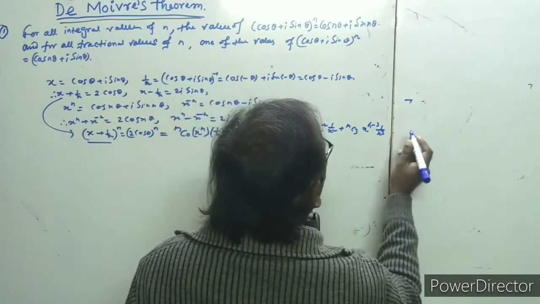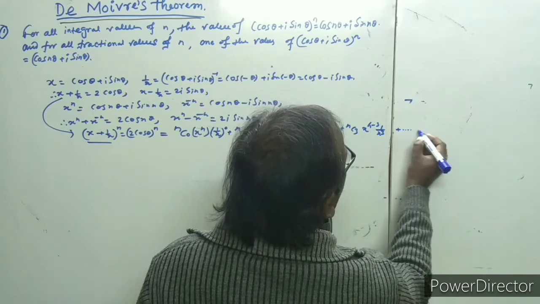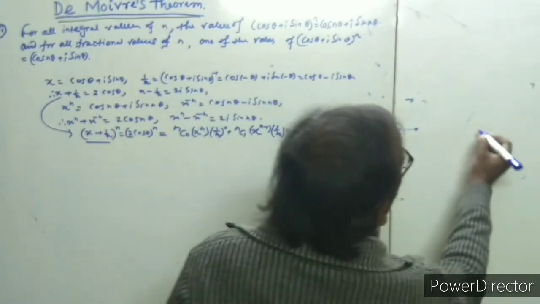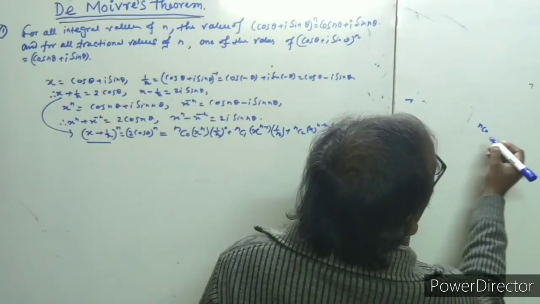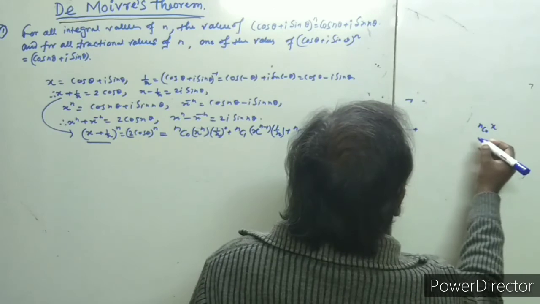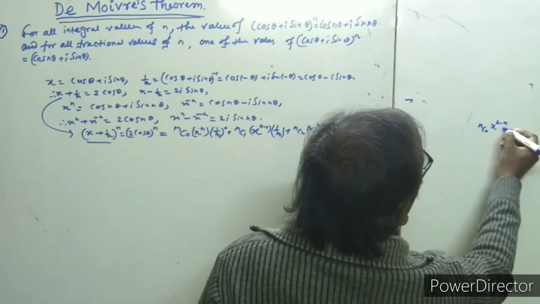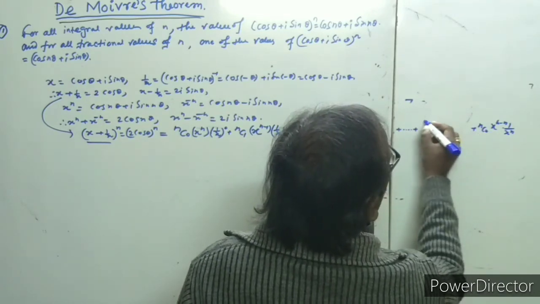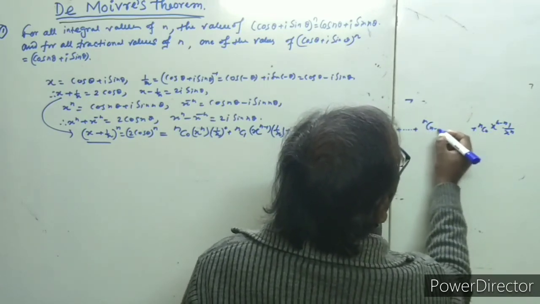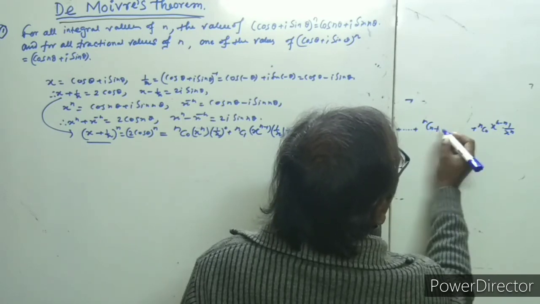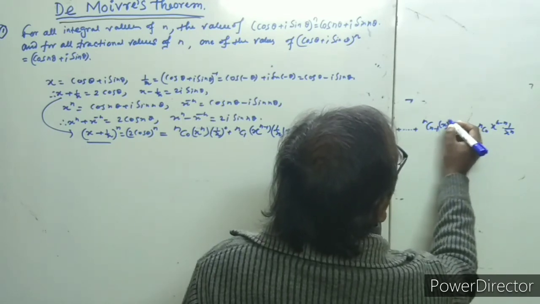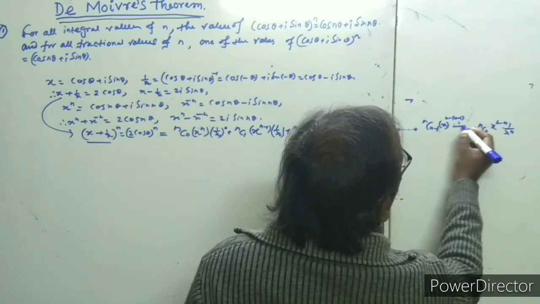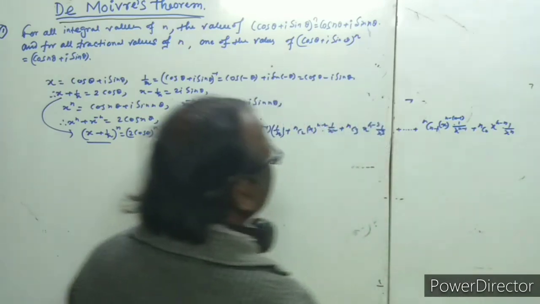So again, write the two ending terms, that is nCn x^(n-n) and 1/x^n, and the previous term is this, that is nC(n-1) x^(n-(n-1)) and 1/x^(n-1) here.